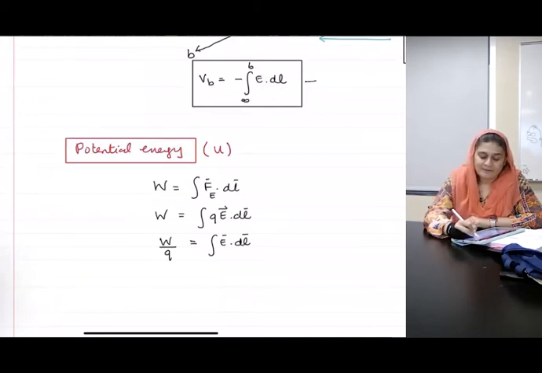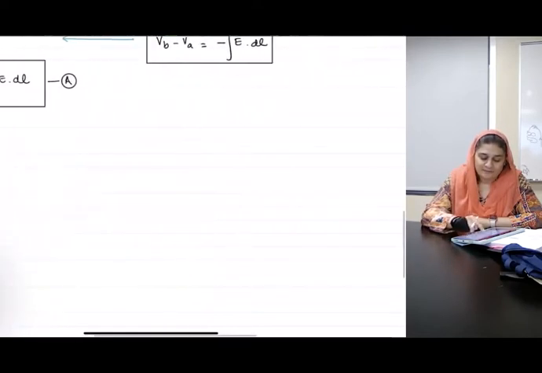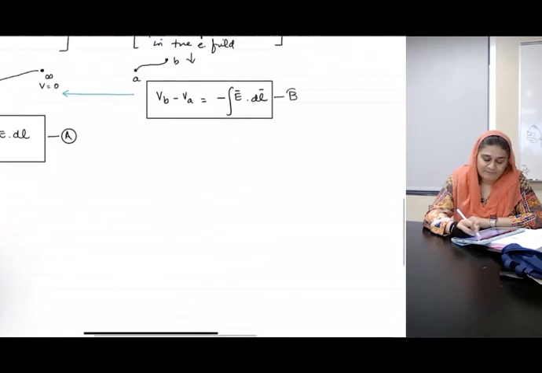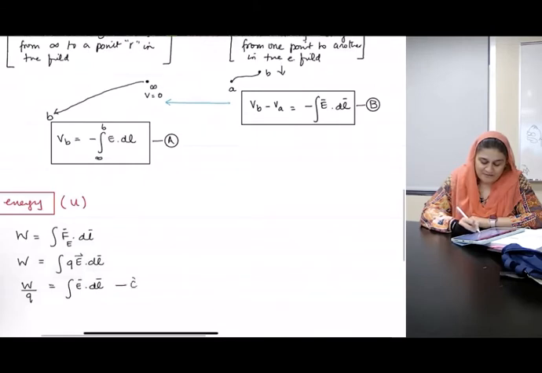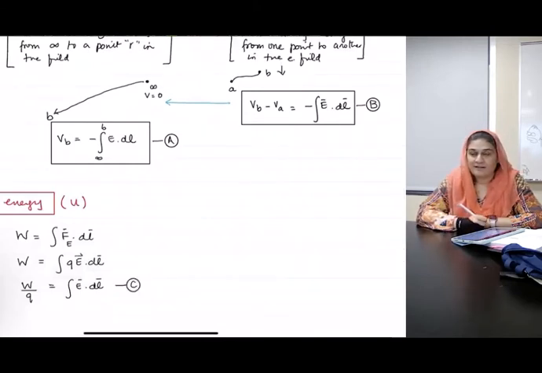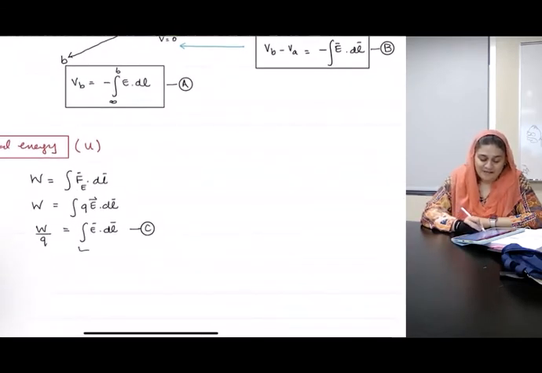Look at equation number A. Or in fact, equation number B. Do you see similarities between equation C and the A and the B? What's the similarity? E dot dl is exactly the same. So then may I replace this side by minus VB minus VA?